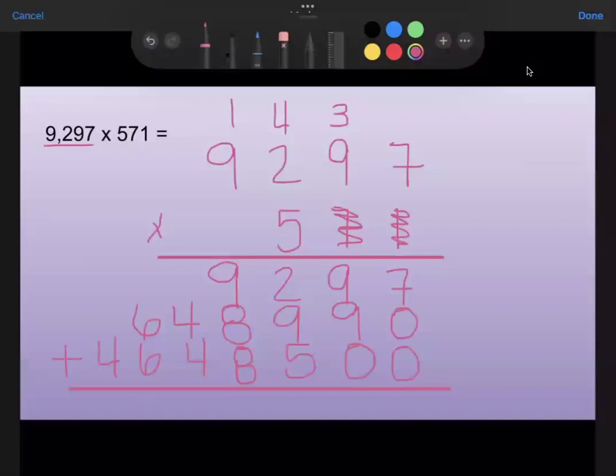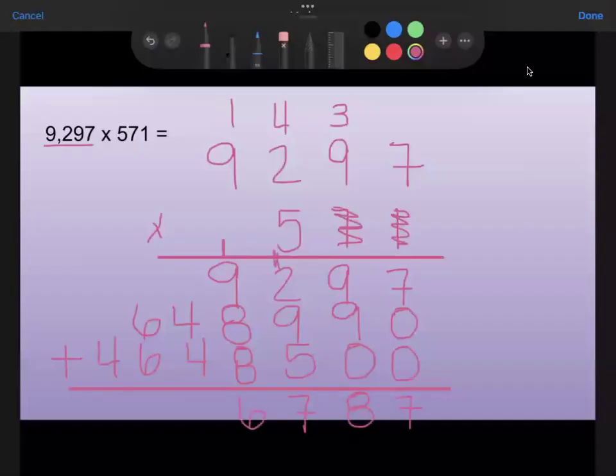Okay, time to add all this up. So we get a 7 here, we get 18 here, so I got to regroup that. Let's see, 1 plus 2 is 3, 3 plus 9 is 12, 12 plus 5 is 17. Okay, oh, this is going to be a big one. Okay, so 1 plus 9 is 10, 10 plus 8 is 18. Oh, and then I think 18 plus 8 is 26.